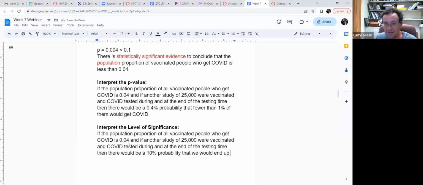So that means concluding, maybe I'll even write falsely concluded, that fewer than 4% of all vaccinated people get COVID.